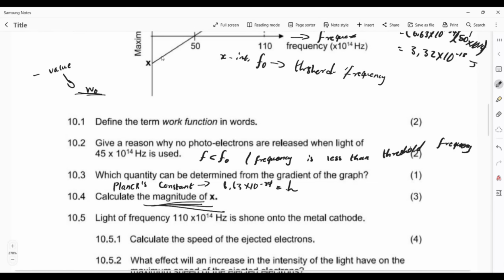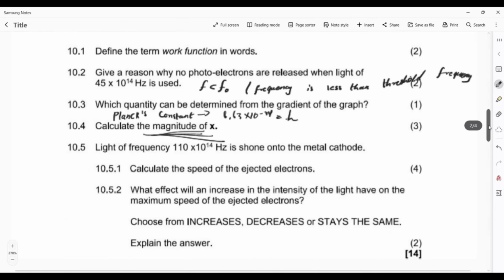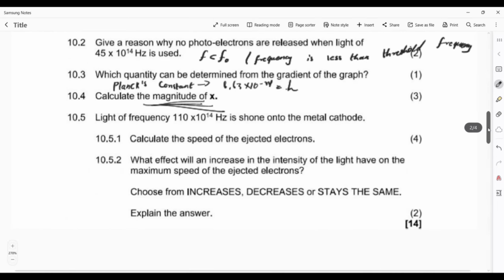So that's why the value came back as positive. It was supposed to be negative, but it's fine, it came back as positive because they want the magnitude only. So that's your work function. It doesn't change unless we change the metal.